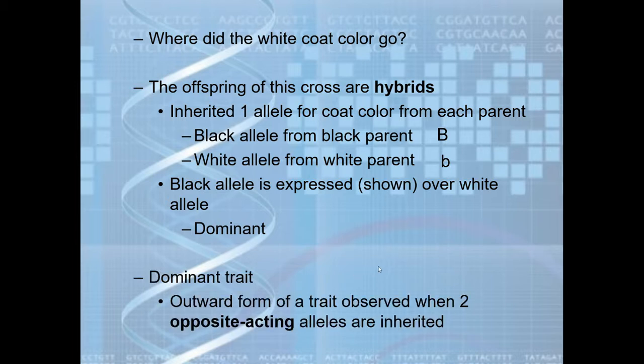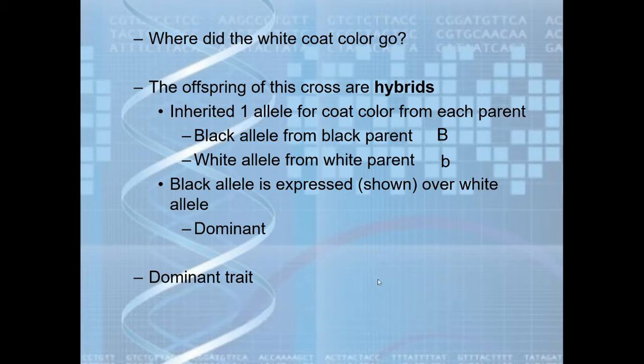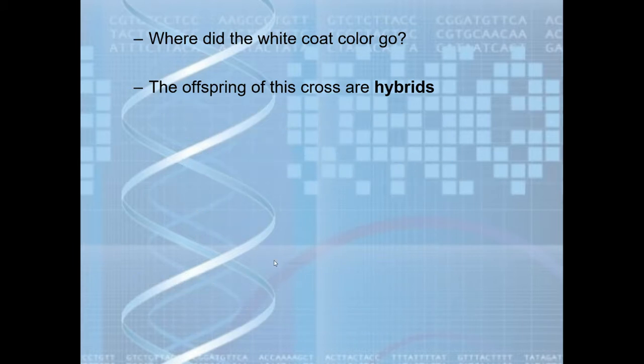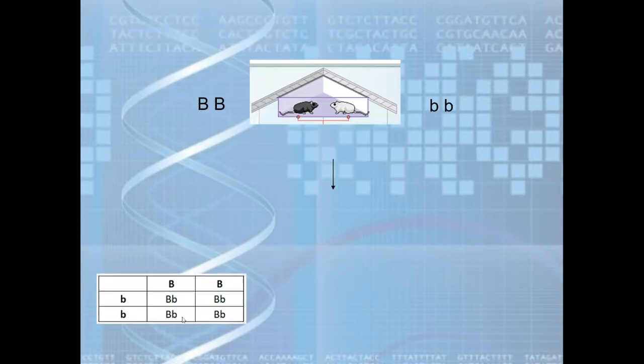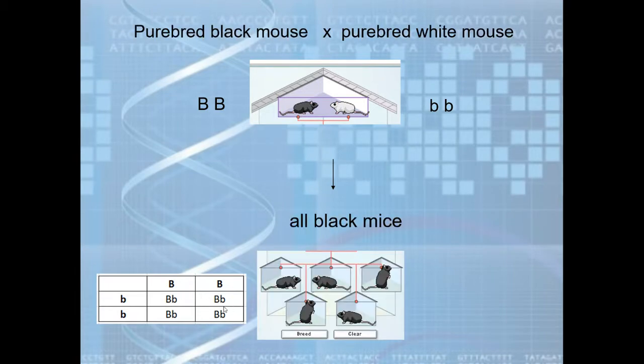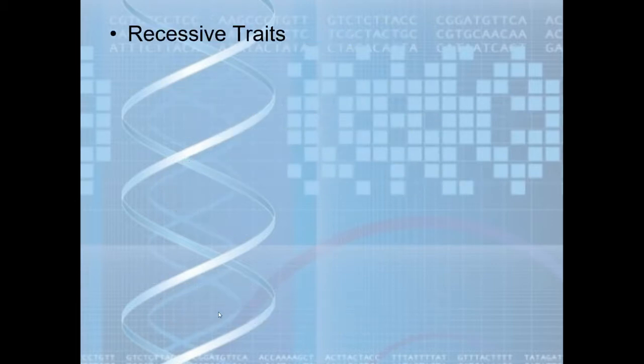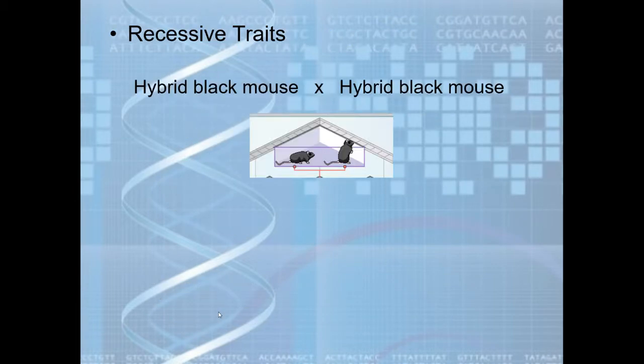Dominant trait: the outward form of a trait observed when two opposite acting alleles are inherited. So you will see here that even if the babies will have the lowercase b, all of them will still be black because the uppercase B is more dominant. Let's go now to the next slide. Recessive traits. So let's say this is what will happen.